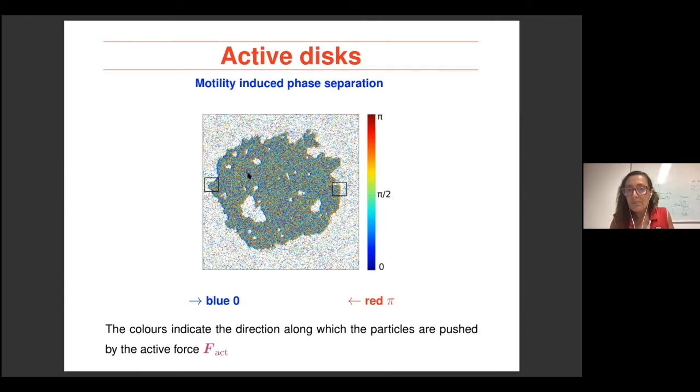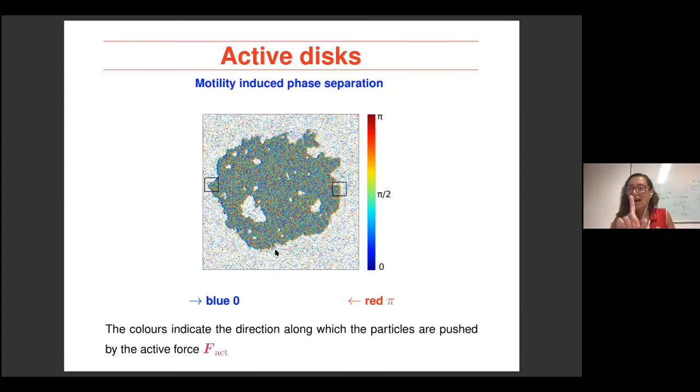So the particles are colored differently according to their orientation, because they have this particular orientation along which the forces are acting. And basically what's going on is that the particles on the left boundary are pointing in the right direction, so they're pushing inwards on the droplet. The particles on the right are pushing in the left direction, pushing like that.